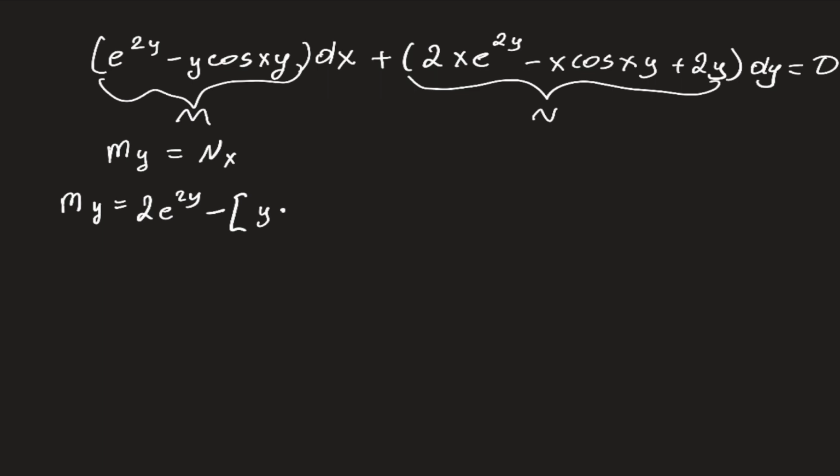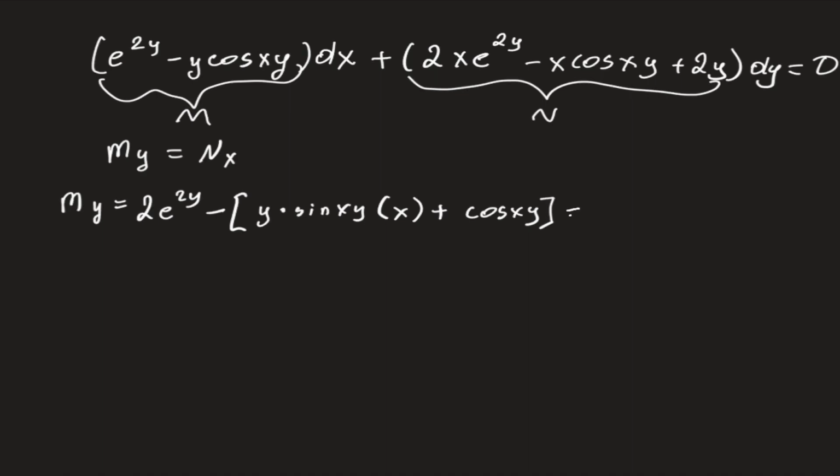So times sine xy times the derivative of xy, which would just be x, because we're treating x as a constant, plus the second, which is cosine xy, times the derivative of y, which would just be 1.